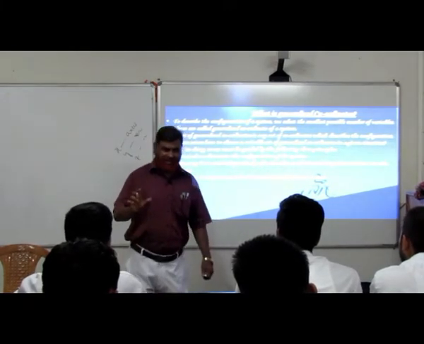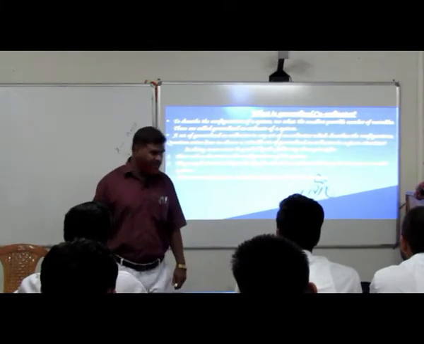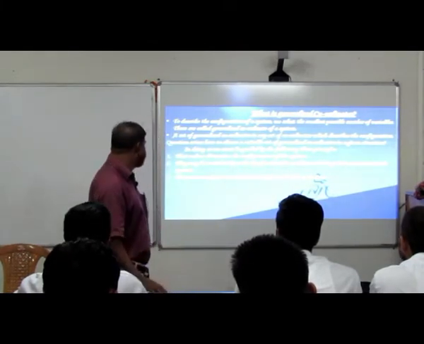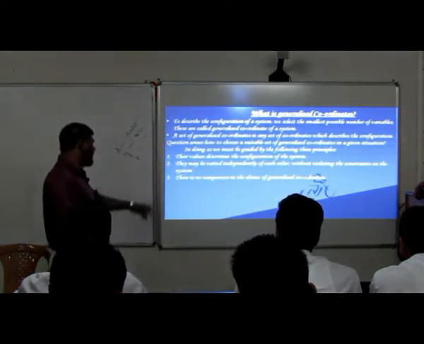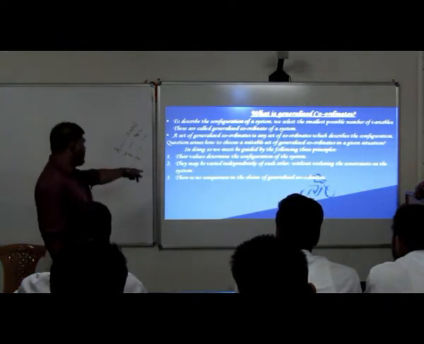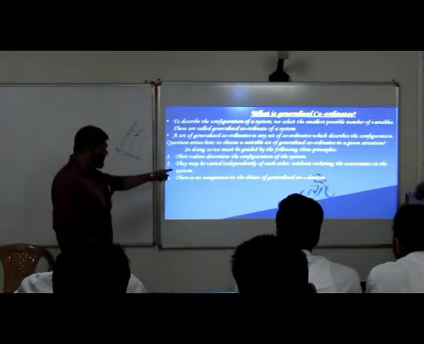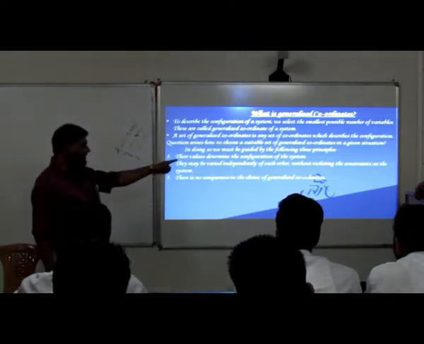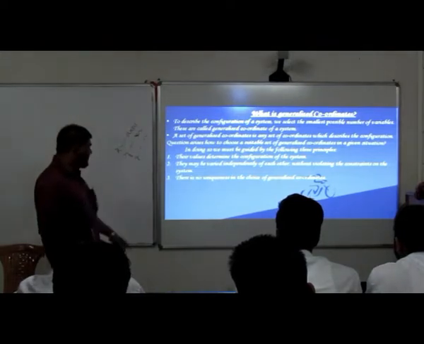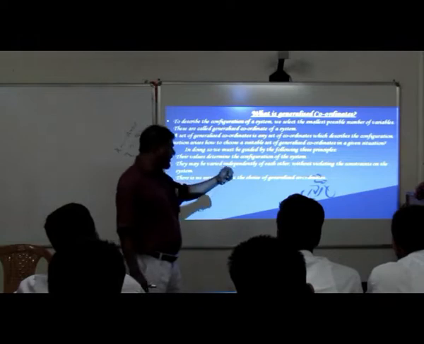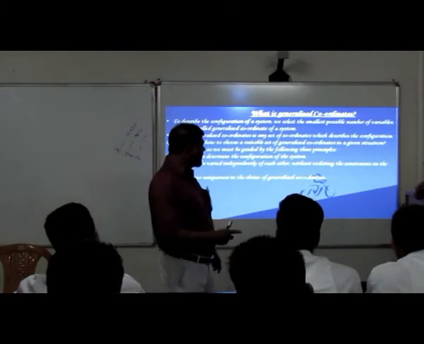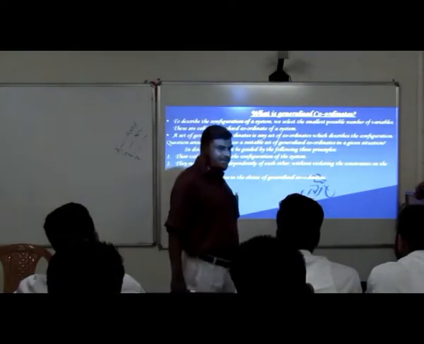For choosing generalized coordinates, we need some important rules to guide us. Number one, their values determine the configuration of the system. Number two, they may be varied independently of each other without violating the constraints on the system.